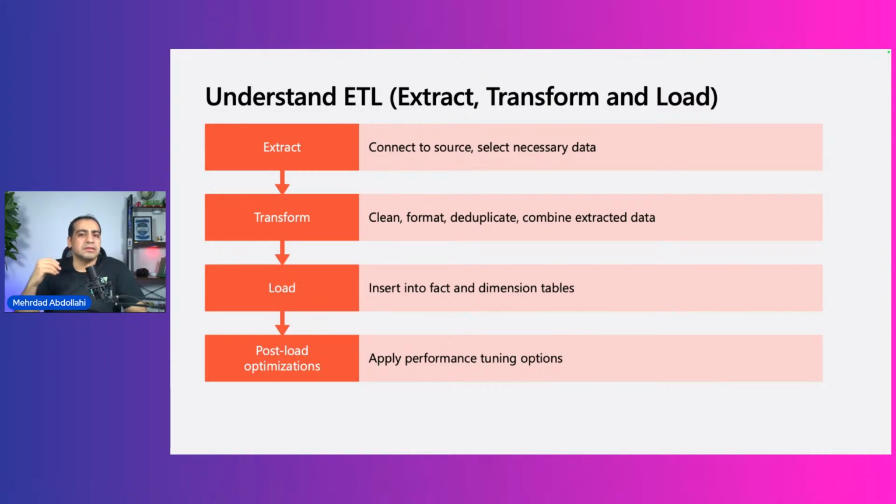You can bring the data, select the necessary data that you need for your analytics and for making a data warehouse or data lake. Then you will do the transformation. You're going to clean it, format it, deduplicate it if there is any duplication there. Then we can combine the extracted data and make it ready. Then load it to your fact and dimension tables in your warehouse.